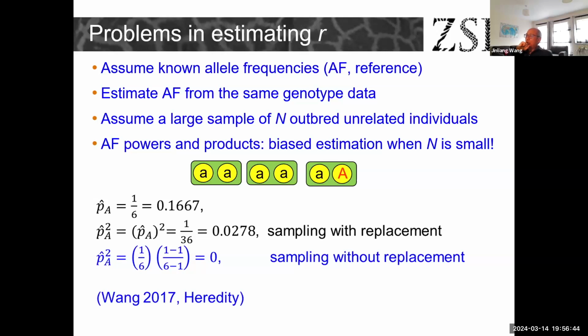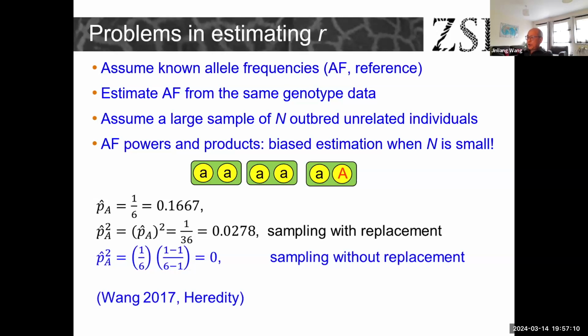We have 3 individuals sampled. At a single locus, we observed one big A allele and the rest are small a alleles. Because of this small sample size, the power of allele frequencies could be estimated with error.